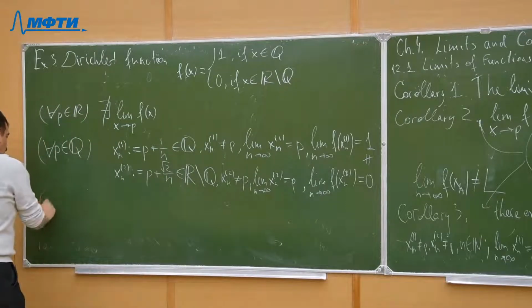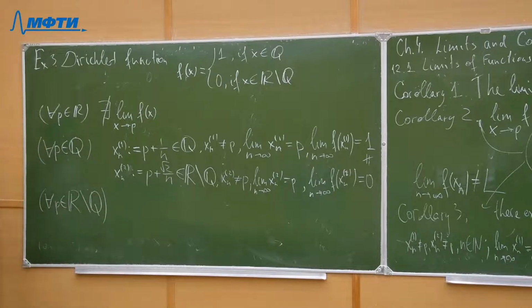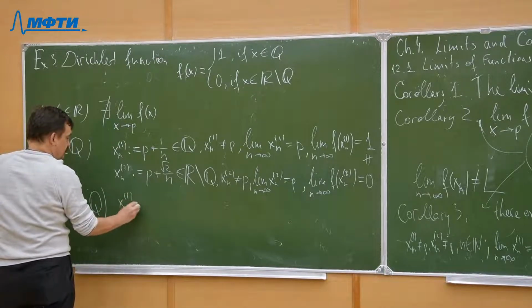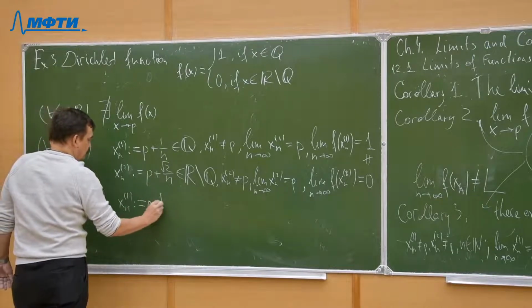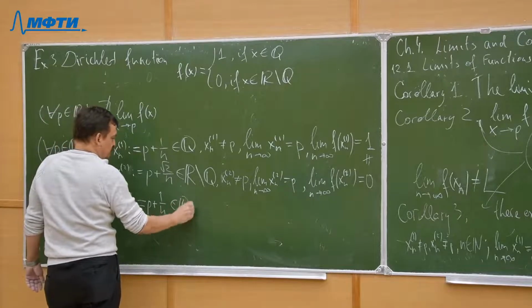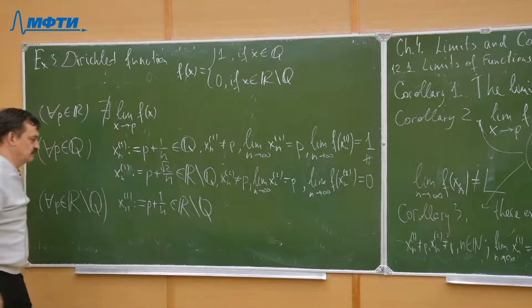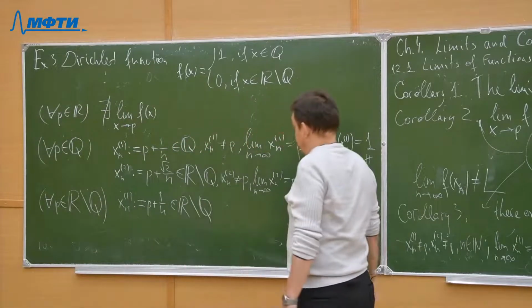And for irrational, so now take an arbitrary irrational point. Again, we can take xn1 the same as before, p plus 1 over n. Now this will be irrational for sure. This is not rational, hence the sum is not rational as well.